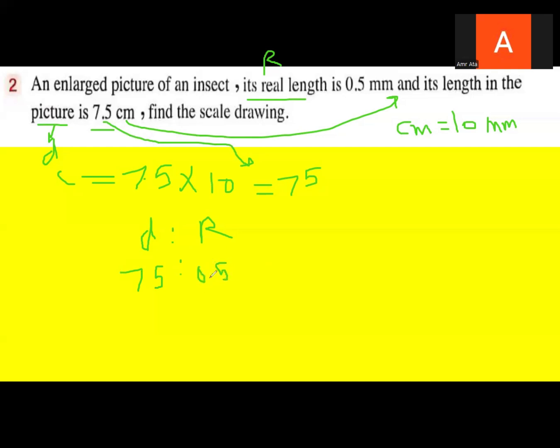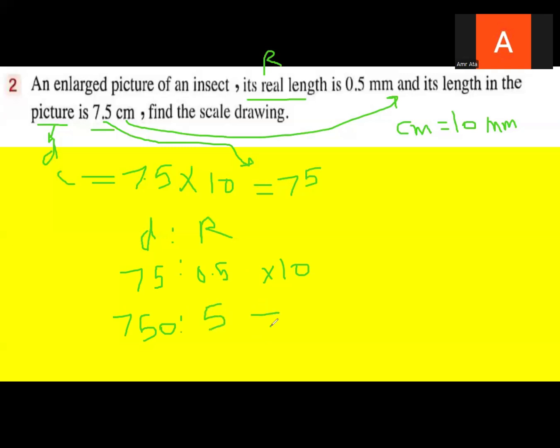I have to get rid of this decimal by timesing by 10. I will times 75 by 10 and 0.5 by 10. I have to times both numbers, not one and leave the other. So it will be 750 to 5.